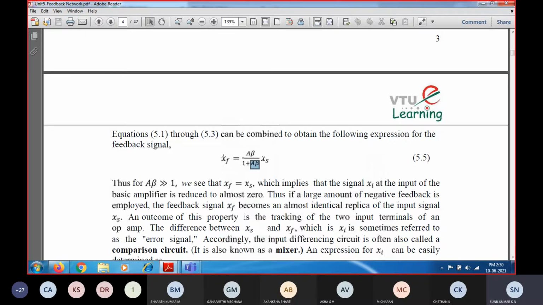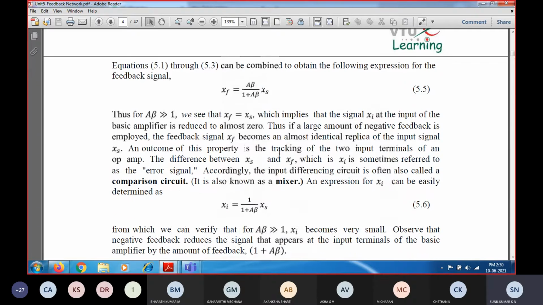If you see the expression, XF, the feedback signal, will be almost equal to XS, the source signal. If XF and XS are nearly the same, then the error signal will be almost 0.